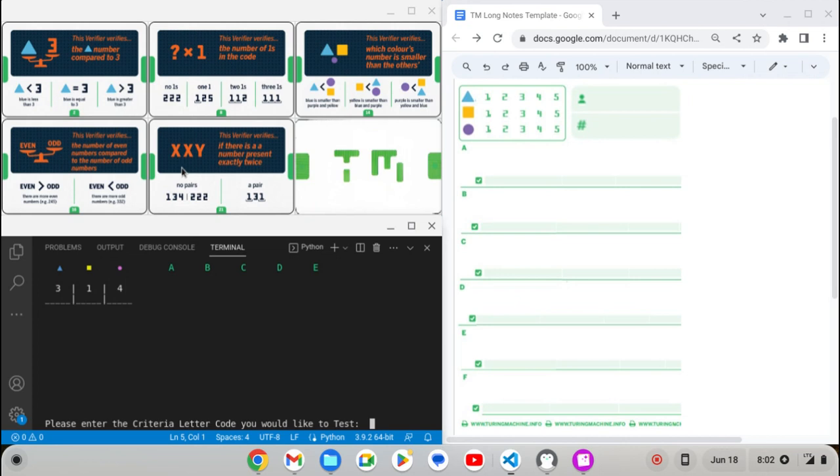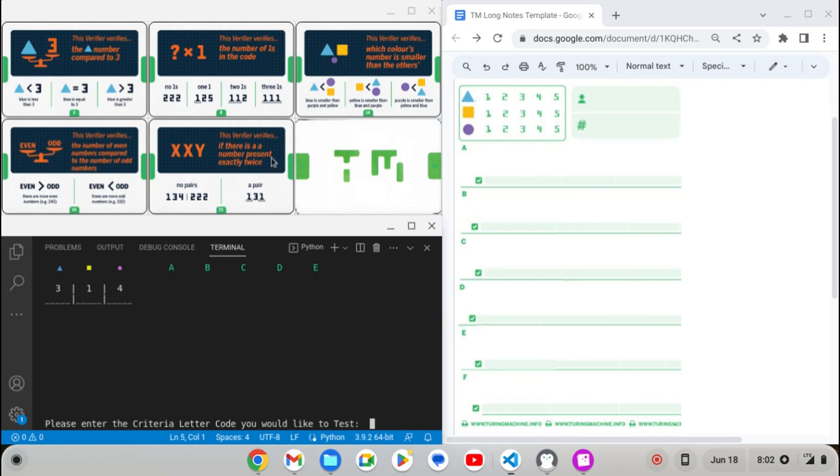And finally, criteria card E will let us know a little bit about the structure of our code, so much so that it will let us know whether there should be a pair of digits, repeating digits, as in the example 131, or alternatively, there are no pairs, and there are a couple scenarios. Either they're all different, as in the example 134, or they're all the same, such as the example of 222, a single digit repeated 3 times.